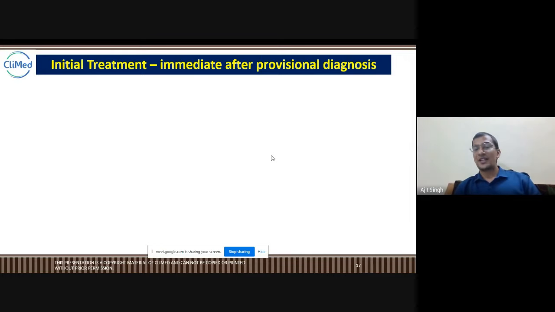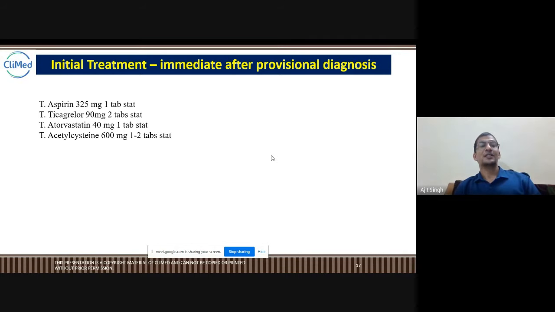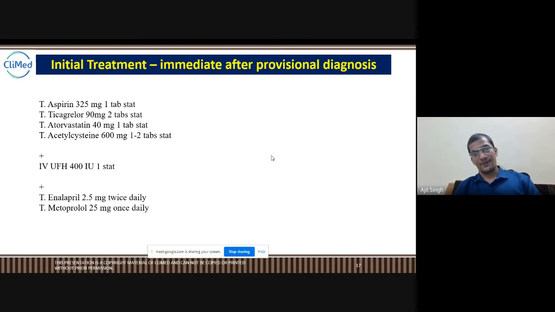So now, what should be the treatment in this case? First should be aspirin 325 mg 1 tablet stat, ticagrelor 90 mg 2 tablets stat, atorvastatin 40 mg 1 tablet stat. I'll ask you about every drug, every dose, plus IV UFH 400 plus enalapril, metoprolol.